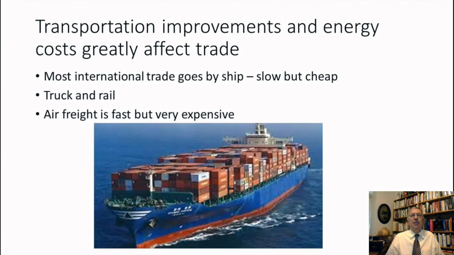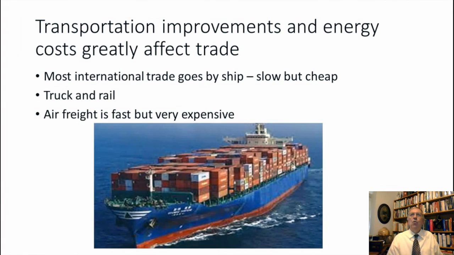And I believe this is the last slide. So a whole theme through this has been that transportation improvements, such as, let's say, interstate highway, canal, railroad, refrigerated boxcar, whatever it is, and energy costs can greatly affect trade. Most international trade goes by ship.